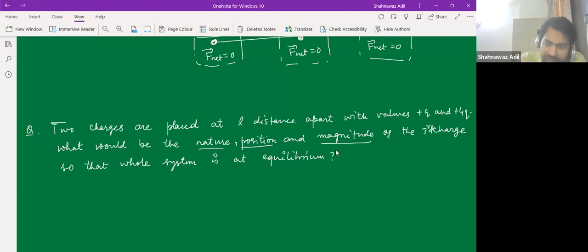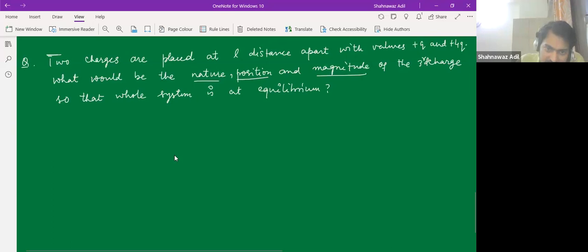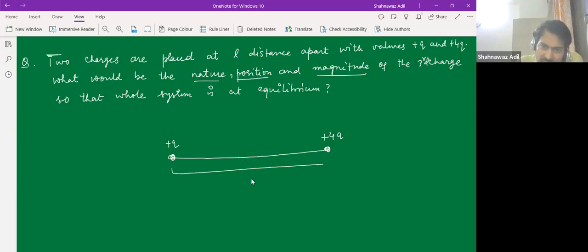So what is the question? We have this plus q charge, we have this plus 4q charge, and we are putting some charge. Let's say this is at L distance apart. So we are putting a charge, and let's say some q charge, so that whole system is at equilibrium, right?